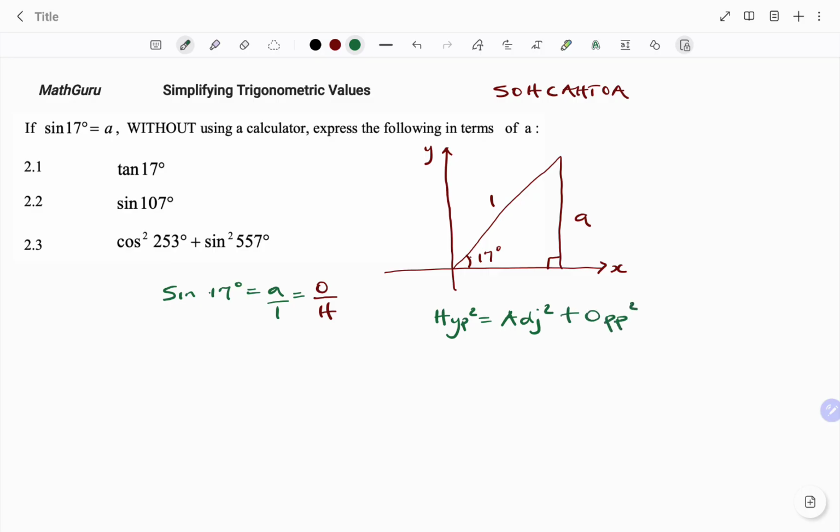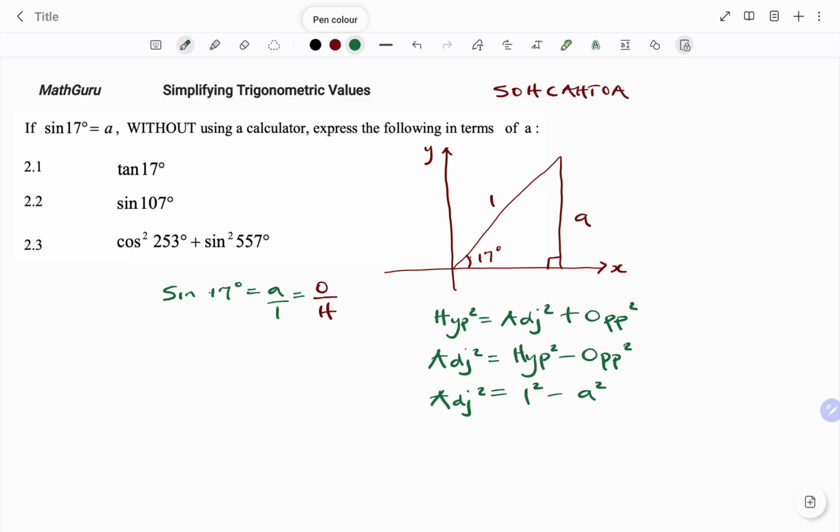Making my adjacent, the value I'm looking for, the subject of the formula, I have my adjacent squared equals hypotenuse squared minus my opposite squared. So my hypotenuse, 1 squared, minus the opposite, A squared, is equal to my adjacent squared.